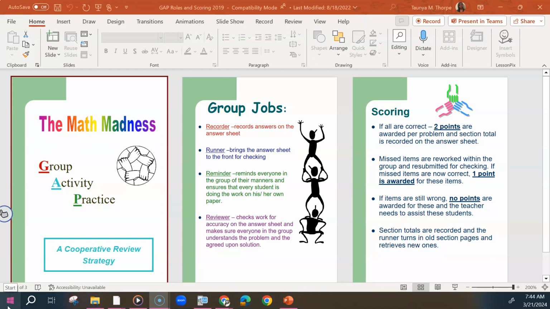Once you have your roles, everyone is going to get one of these packets. Everyone is doing the work on their own packet, and you come together and talk about the answers afterwards. Every group will have one answer sheet with all names on it, and the recorder puts the correct answer that you all agree upon, whatever the group thinks it is.